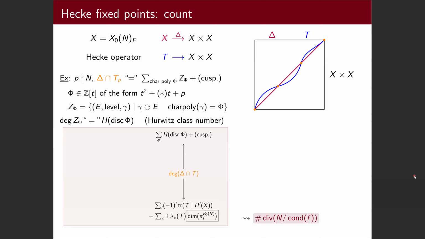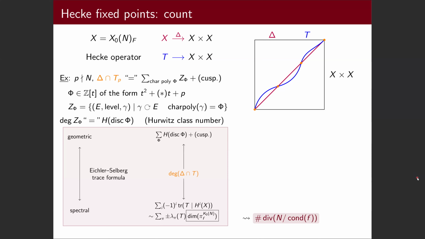Okay, so just to summarize this example here, I have this intersection number calculated in two ways. One is by geometric decomposition, and one is by something more spectral in terms of the automorphic theory. And so this is a special case, or an intersection theoretic explanation of a special case of the classical Eichler-Selberg trace formula, which relates these Hurwitz class numbers with a trace of Hecke operators on spaces of modular forms.